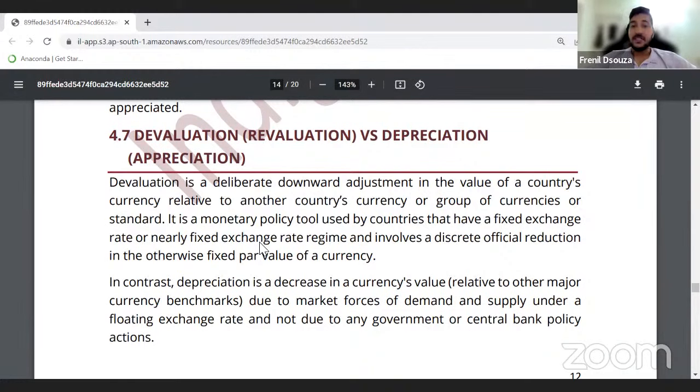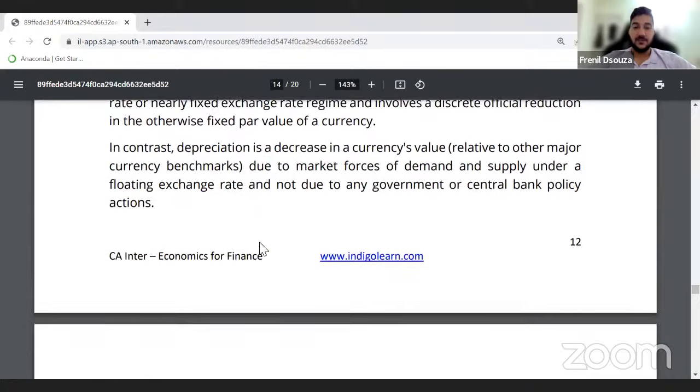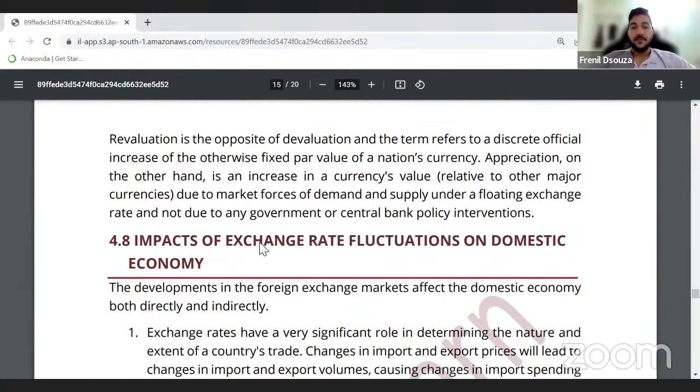Okay, it is not called as depreciation. Depreciation is the terminology used for floating rate regime. And when the home currency, let us say $1 is equal to 75, became $1 is equal to 70 in fixed rate regime, that is called as a revaluation instead of appreciation. Okay, you have to remember that.